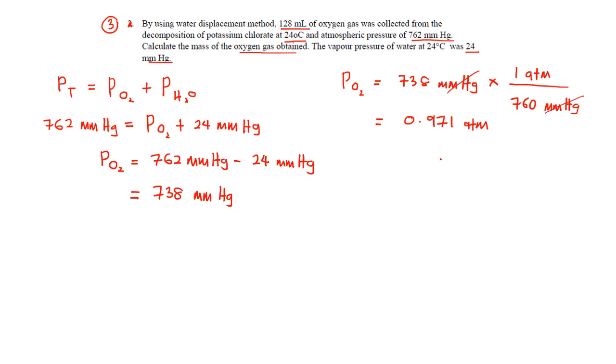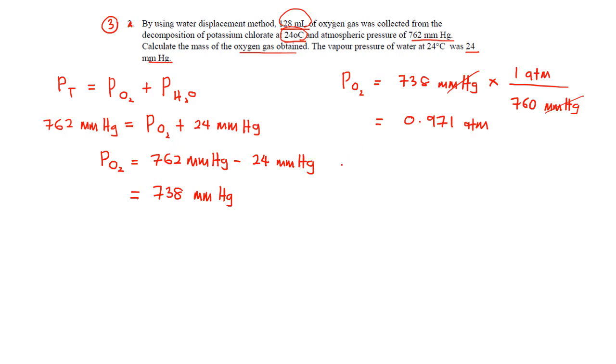So next, you need to find the mass of oxygen gas. Sebab sekarang kita dah ada pressure, volume of the gas dah diberi, temperature dah diberi, so kita boleh solve lah. Actually ada dua cara lah. Pertama sekali, you pakai PV sama dengan nRT, cari dulu mole oxygen gas, and then you times by the molar mass of oxygen gas to find the mass of oxygen gas obtained.